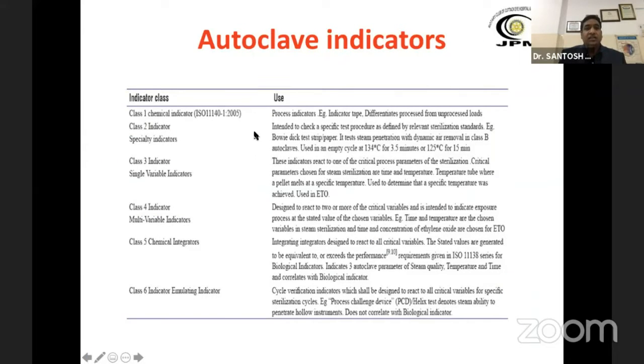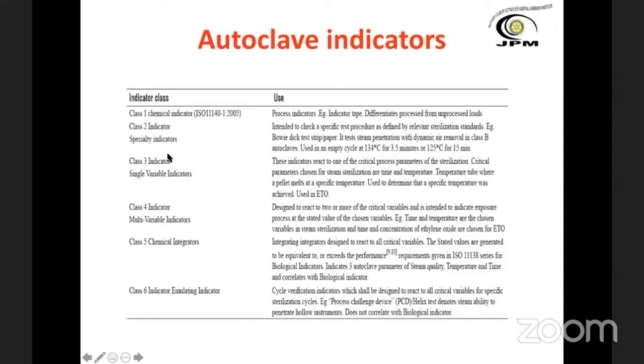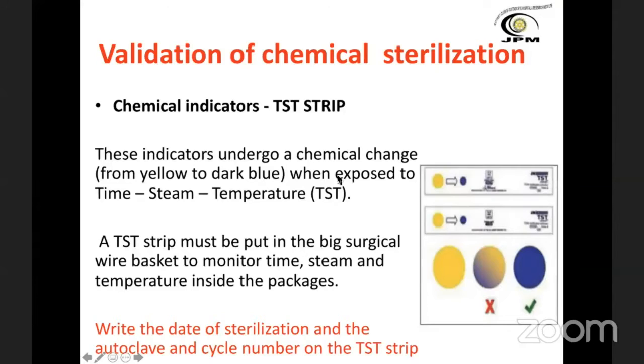Autoclave indicators, there are 6 types, but class 1, 2, and 3 are the most commonly used. Class 1 is indicator tape. Class 2 is Bowie-Dick testing, and class 3 is used for ETO. Chemical sterilization is usually not commonly used, but whenever it is used outside the operation theater, the indicator needs to be well read and it should be a deep blue in color.